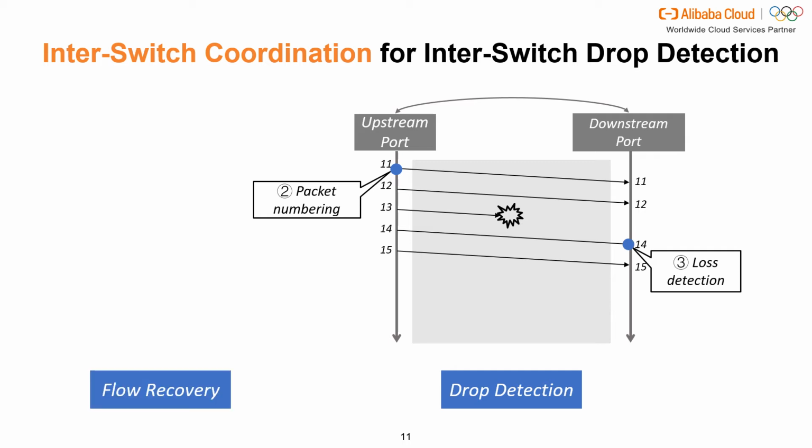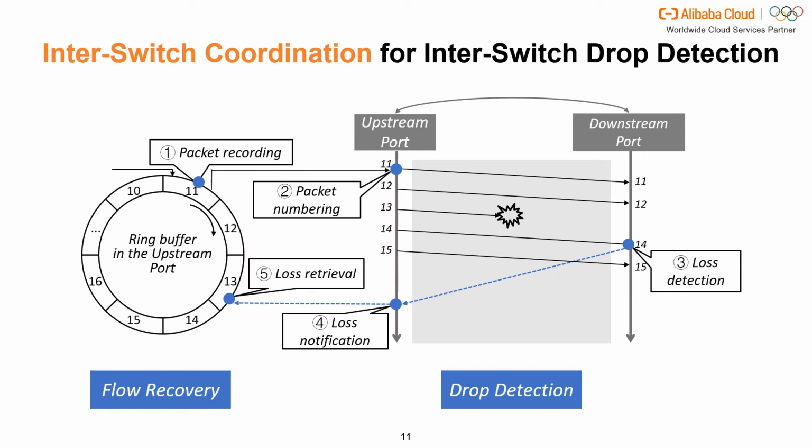Second, for recovering flow event information, the downstream port will notify the lost sequence number to the upstream port. Before sending a packet, the upstream port will record flow information and the sequence number of the packet with a ring buffer. After getting the lost notification, the upstream port can recover the flow event information from the ring buffer.